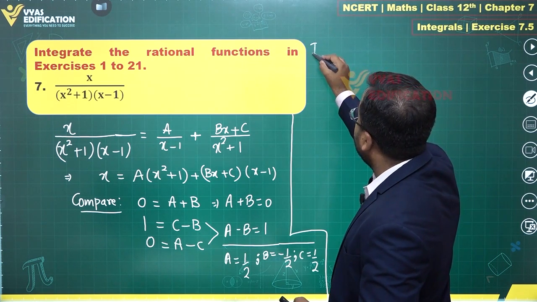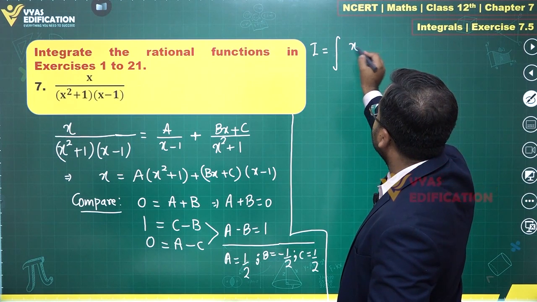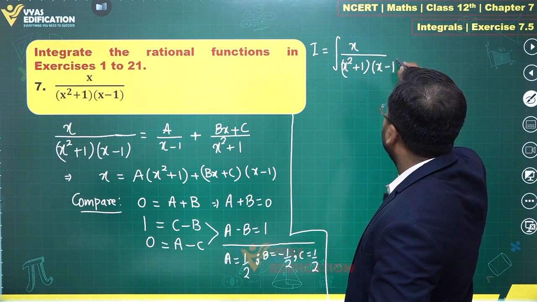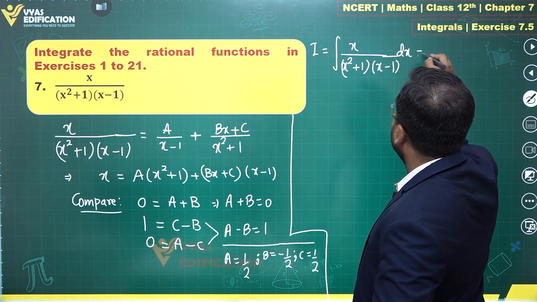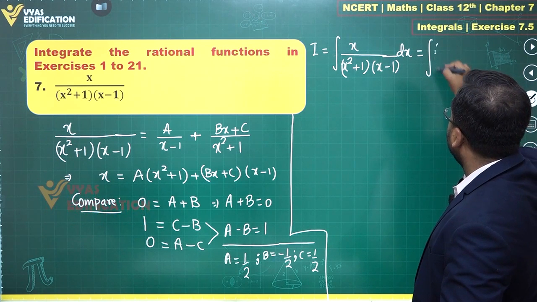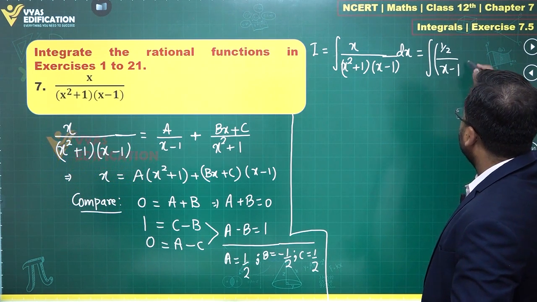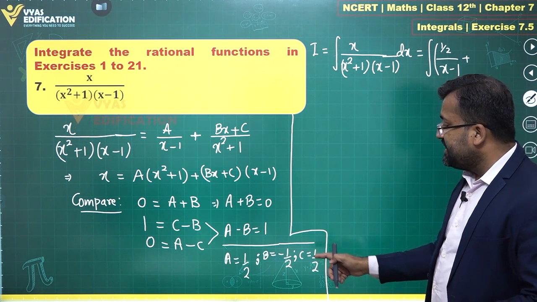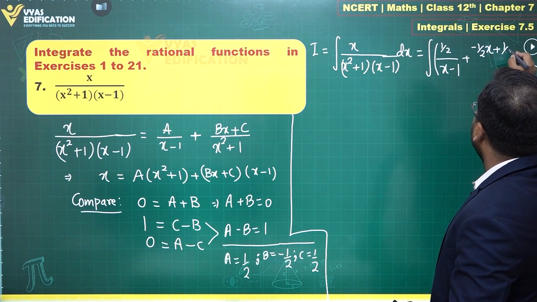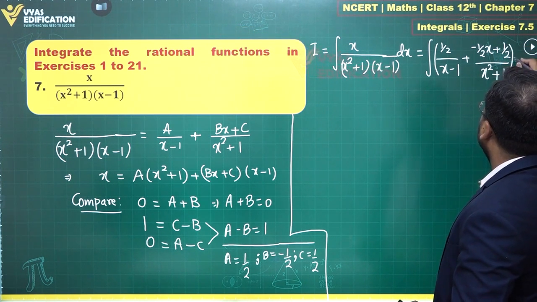Let's write the integral I, which becomes equal to the integral of a upon x minus 1, which is 1 by 2 over x minus 1, plus bx plus c, which is minus half x plus c, which is half, upon x square plus 1 dx.